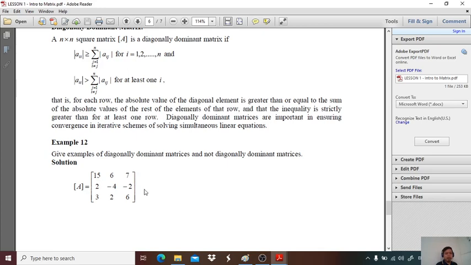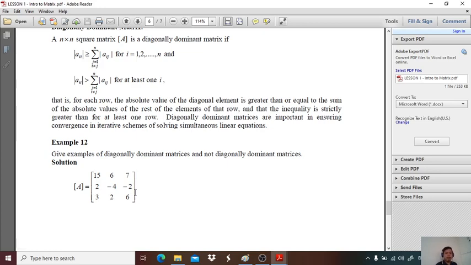Next is the second row, where we have negative 4. The absolute value of negative 4 is 4. So 4 is greater than or equal to 2 plus 2. We have equality, so it satisfies the condition of a diagonally dominant matrix. Next is row 3. We have 6, 3, and 2. So 6 is greater than or equal to 2 plus 3, so 6 is greater than 5.